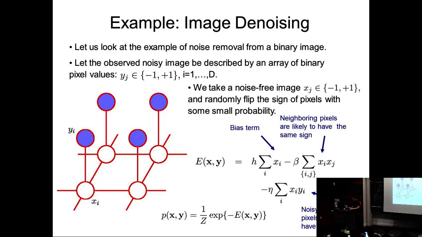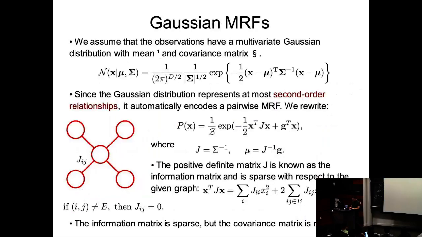So let me go into another class of models, which are called Gaussian graphical models. And these are heavily studied models. If you look at the literature, they have certain nice properties. So let's say we have observations that have a multivariate Gaussian distribution with mean and covariance matrix, right?